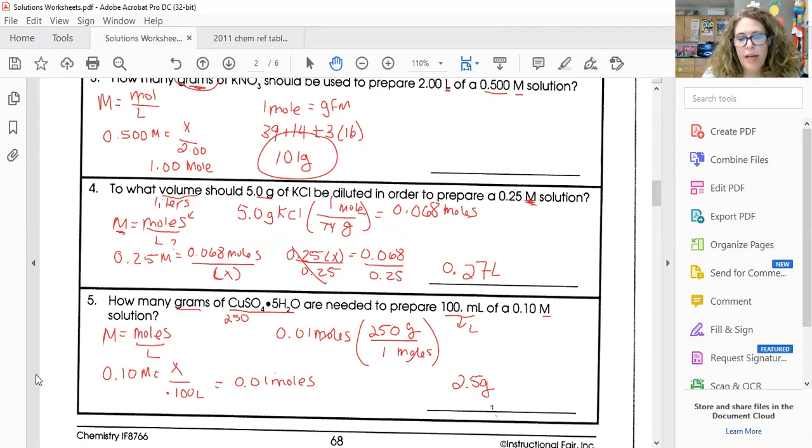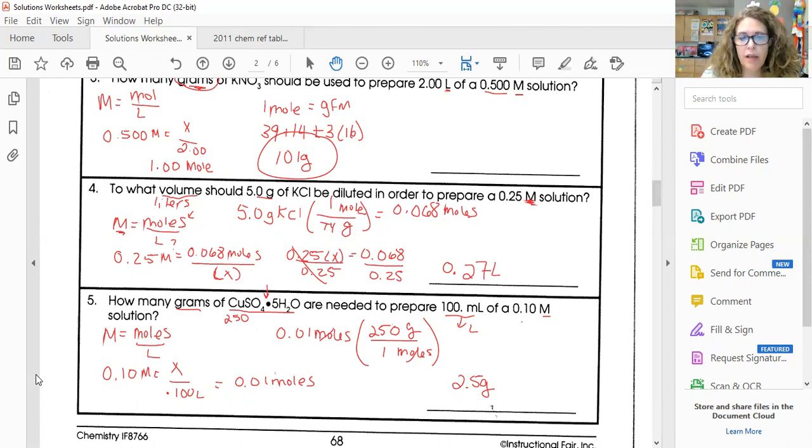All right, how did I get that 250? Quick review. That dot does not mean multiply. That means that there are 5 moles of water attached to every one copper sulfate, right? It means it's not chemically bonded, it's attached. We never use a dot to multiply in chemistry.